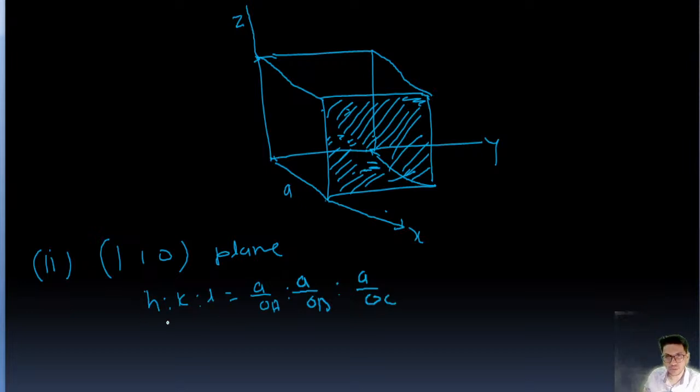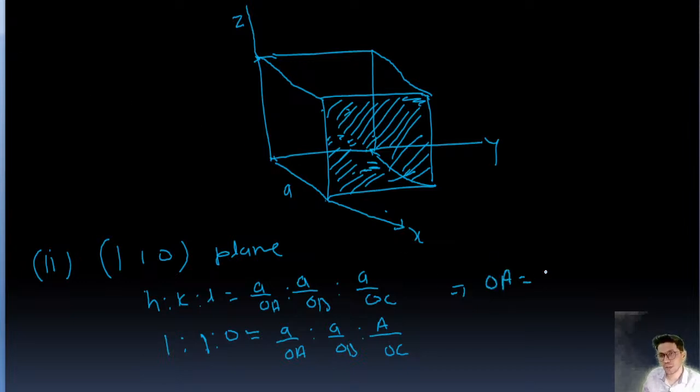So from here the HKL values are 1 1 0. So OA is going to be A, OB is going to be A, and OC is going to be infinite. Okay, we have calculated it.